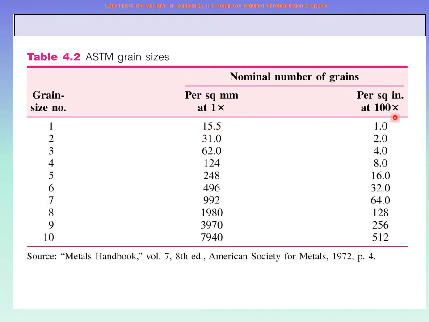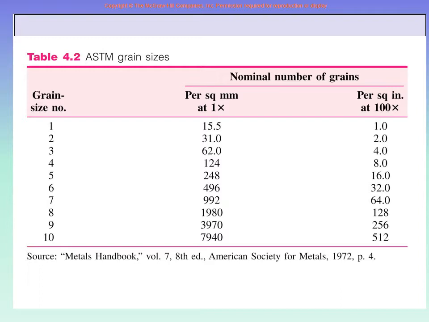But if we see it under the microscope, then this is the standard. We see at 100 magnification and we find the number of grains in 1 square inch. So n equal to 1 means there will be 1 grain per square inch. And n equal to 10 means that there will be 512 grains that we can count in 1 square inch of the material at 100 magnification. So these are the details.